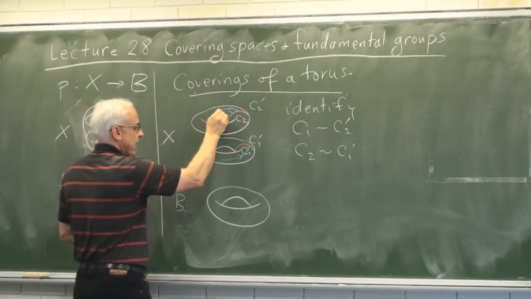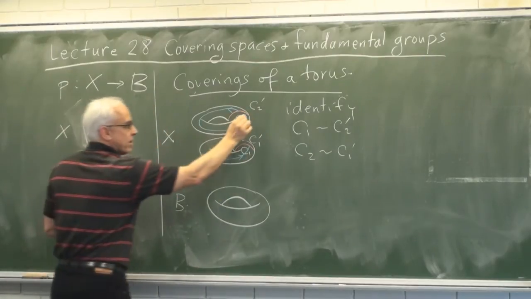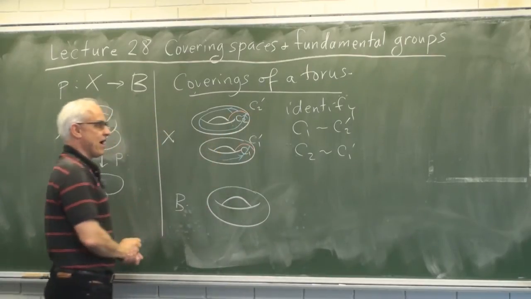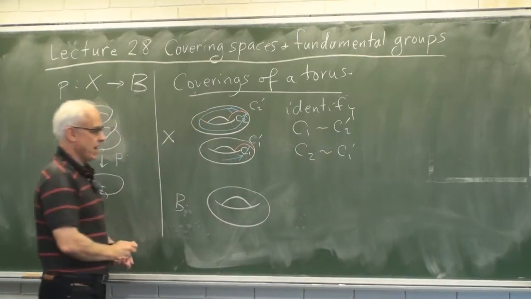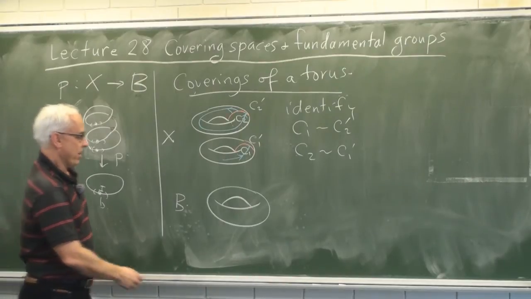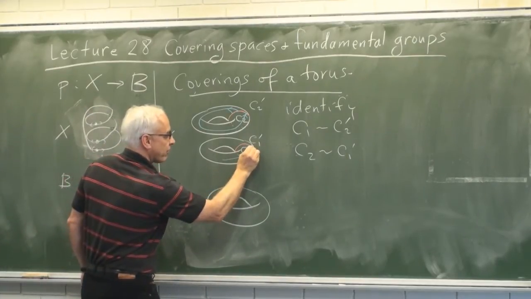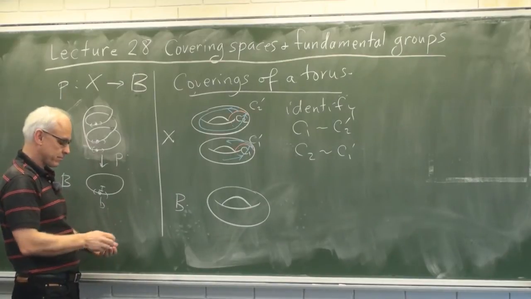And let's say if that path happened to continue and go around here and go in this direction, well, then it would cross that cut, which is the C2. And so according to this identification, it would have to come out on C1 prime, which would be over here. So we continue on like that. Okay.